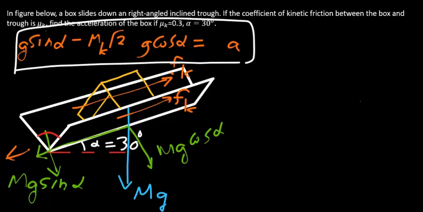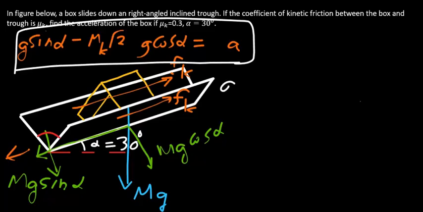You have an expression for the acceleration in terms of all the other given variables, namely alpha, the inclination angle, mu sub k, the coefficient of kinetic friction, and of course g, 9.81. Now let's determine the numerical value if mu sub k is 0.3 and alpha is 30 degrees.